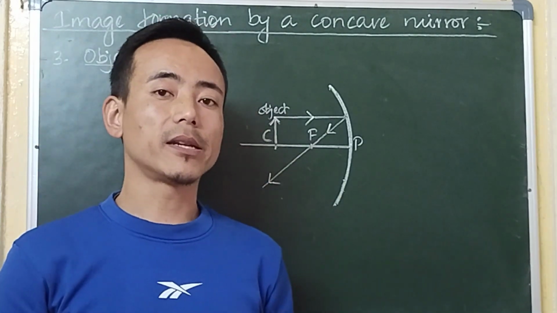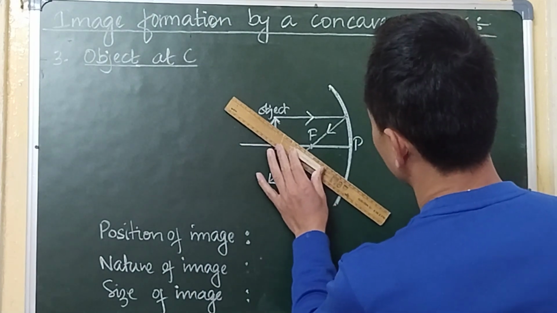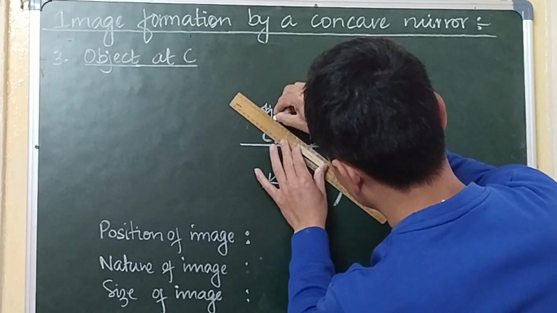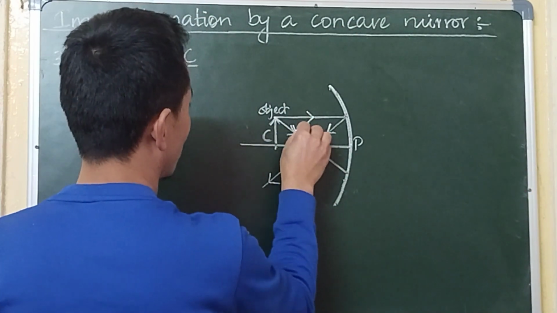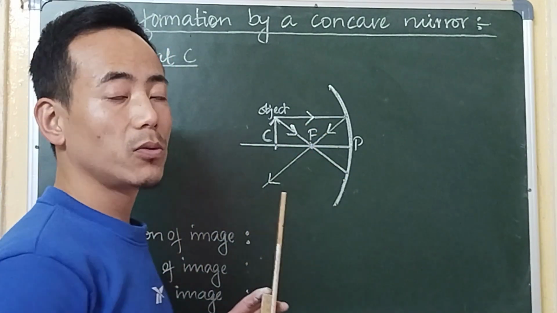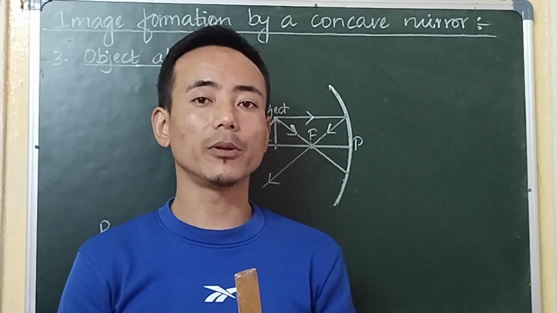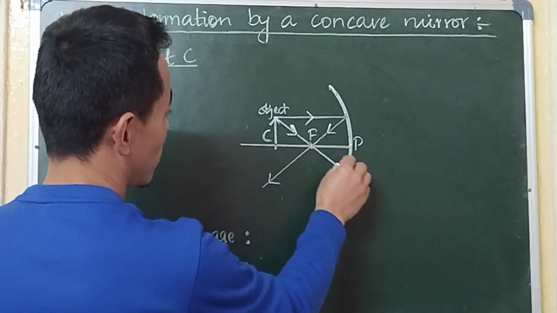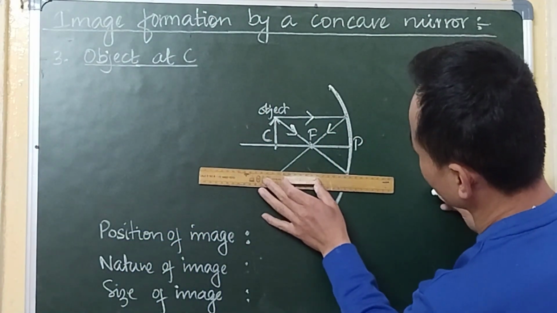Now we need another incident ray. So for that, we will consider a ray which is passing through the focus F. So the second incident ray that we are taking here, this one, is the ray which is passing through the focus F. Now the rule says if the incident ray is passing through the focus, then the reflected ray will become parallel with the principal axis. So as this ray gets reflected from the mirror, the reflected ray will go in this direction.